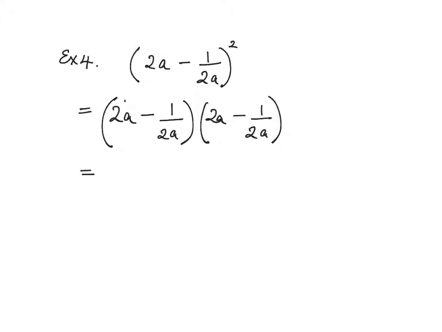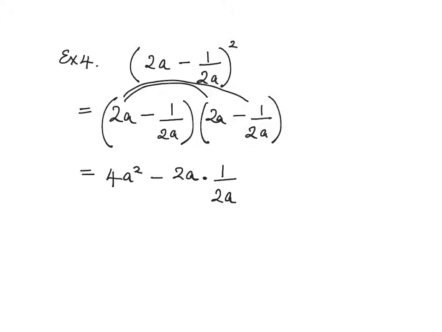So 2a times 2a, I'll put these lines in again because this is a difficult example. 2a times 2a is 4a squared. Now, I have a positive multiplying a negative, so the sign's going to be negative. Then I've got 2a multiplying the fraction 1 over 2a. Everyone happy with that?